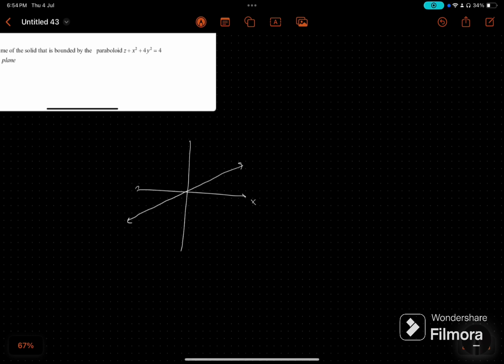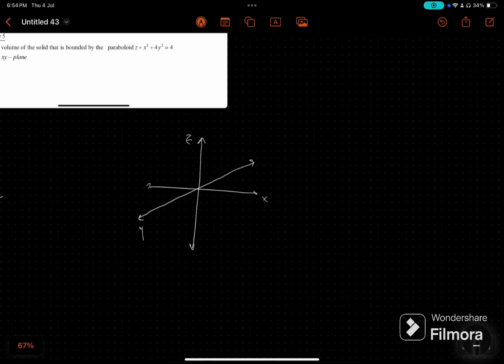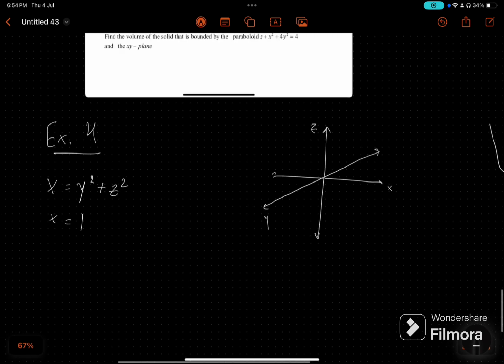In the yz, with y and z, it's going to look something like this, in the direction of the x-axis.